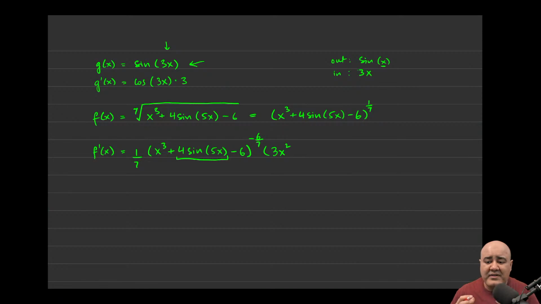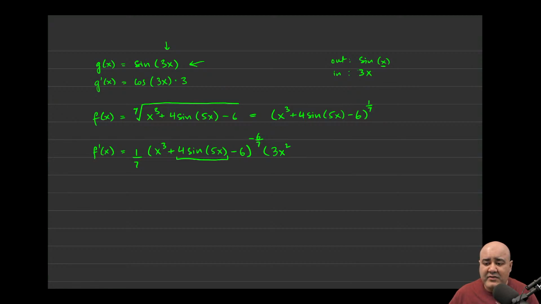So these are called nested chain rule problems, where there's a chain rule inside of a chain rule because there's a composition inside another composition. So you want to be very, very careful that you're keeping track of what the outside function is, what the inside function is, and so on and so forth. So when we find the derivative of 4 sine of 5x, we have to use chain rule again.